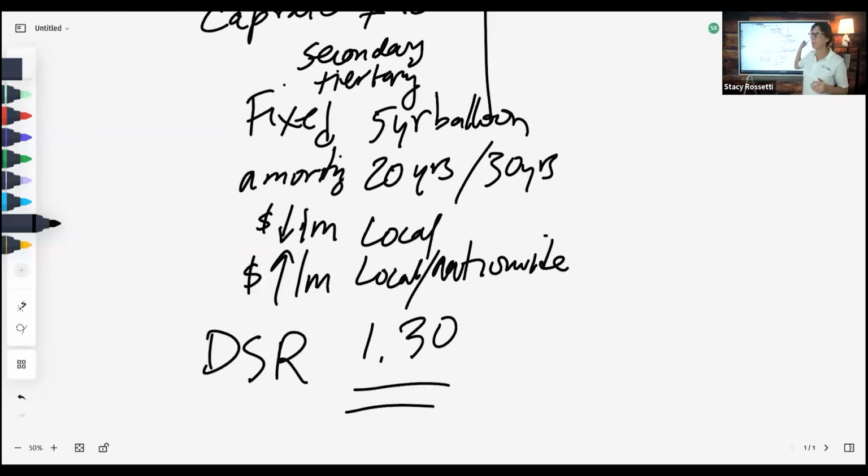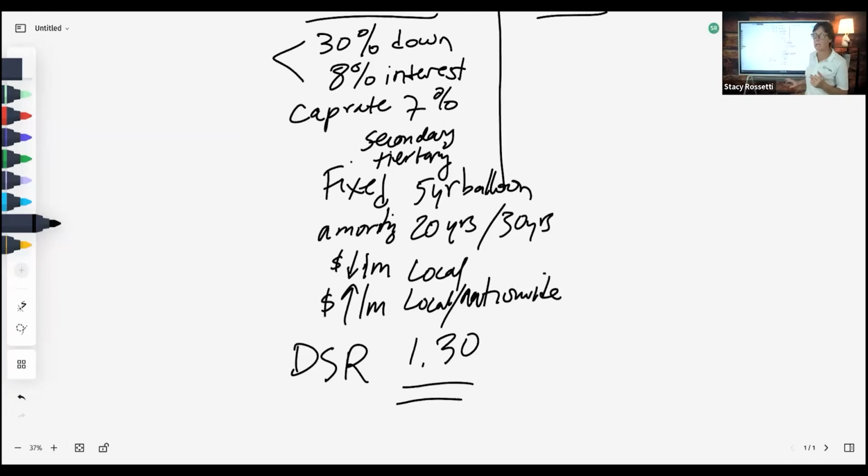When you're running your numbers for commercial deal analysis, make sure you get this. If you don't use my deal analyzer, whatever deal analyzer you use, you want to be at a 1.3 DSR, and you want to be at 30% down at 8% interest. And what I'm telling my students over and over again is that whatever the purchase price is equals that based on the income.